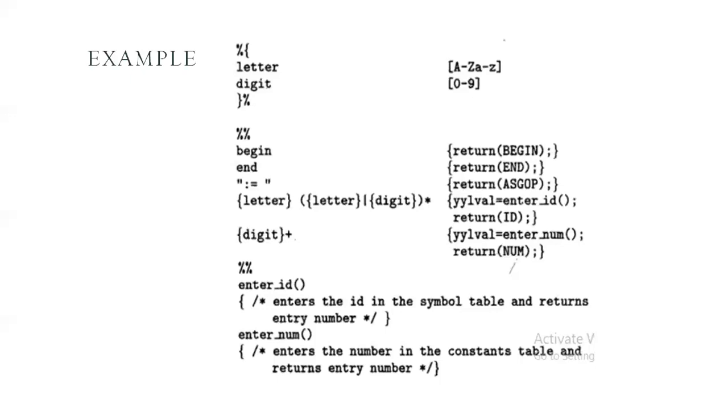Here, if we accept a particular string using the regular expression letter followed by bracket, letter or digit star, then we can print something so that the user will come to know that this particular string is accepted and it is nothing but an ID. Similarly, if any number is entered, then this particular expression will be able to identify that it is a digit.